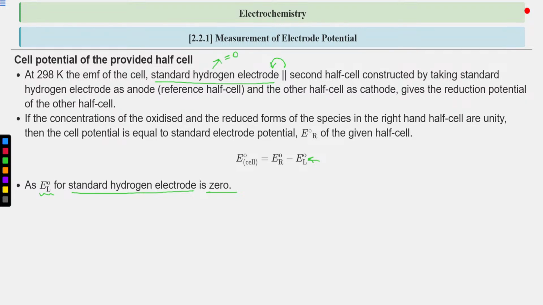That means the standard hydrogen electrode will be having the E naught L value as 0, right? So we put this equals to 0 here.